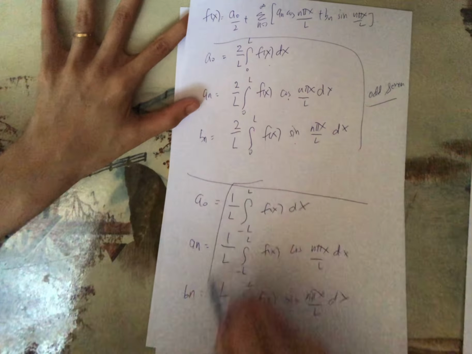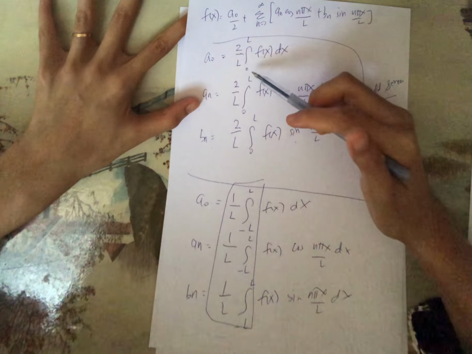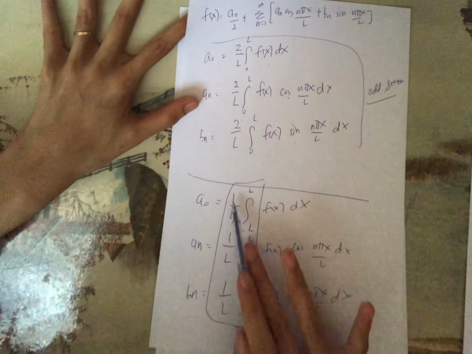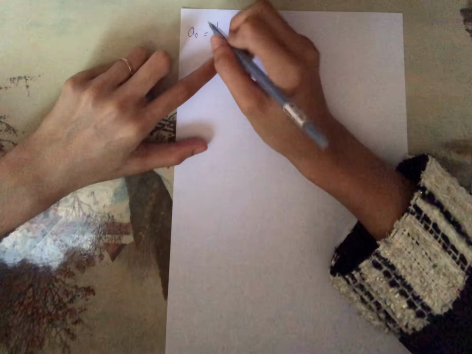Can you see the difference? For odd and even you use 2 over L from 0 to L, but for neither you use 1 over L from negative L to L. Our fx here is the neither function, so you need to use the 1 over L equation.